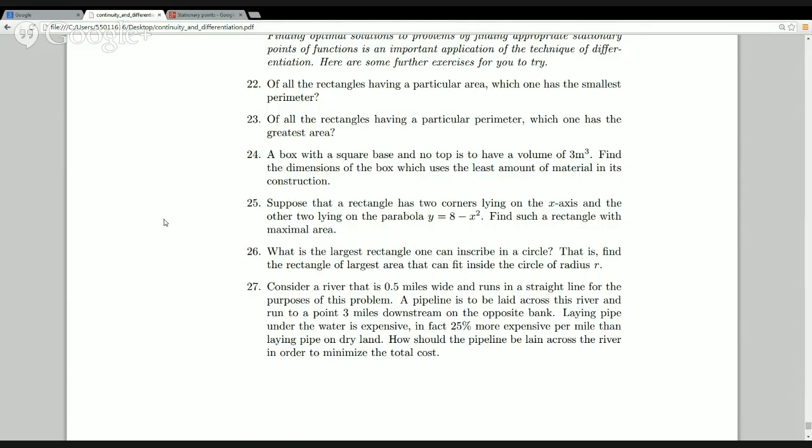So is there some better optimal solution? Laying pipeline under the water is expensive, 25% more expensive per mile than laying pipe on dry land. So that's what's going to determine where the optimal point is.